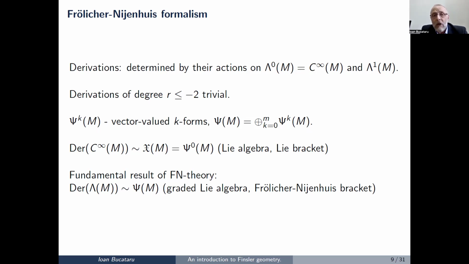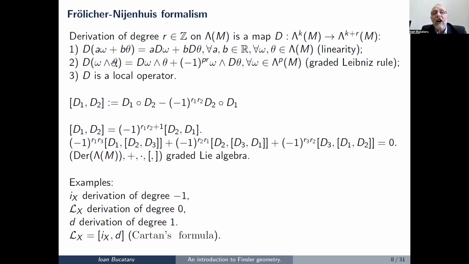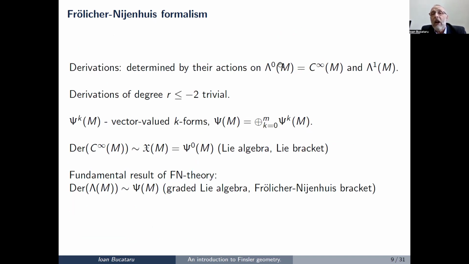Because of this Leibniz property, any derivation is well determined by its action on zero-forms, which are functions, and one-forms. A very simple observation is that, because we don't have forms of negative order, derivations of degree less than -1 are trivial.